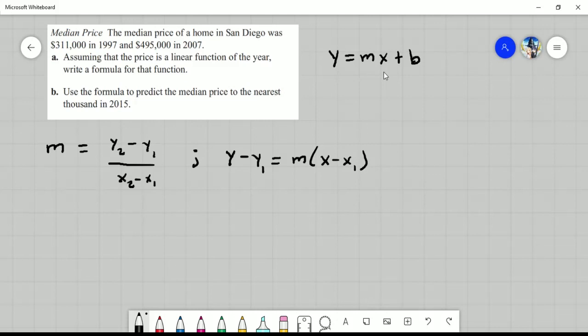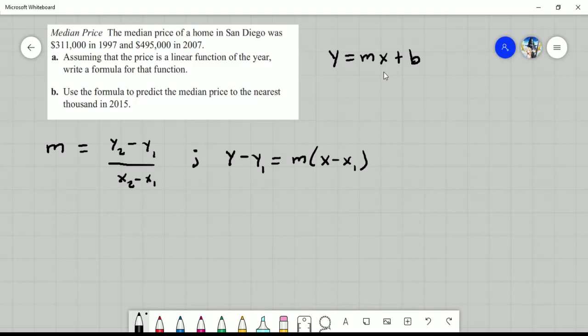Now, the reason why I'm saying the actual 2015 value and not however many years passed since 1997 to the year 2015 is because when you were using the formula to get your slope, we weren't using the number amount of years that passed between 1997 to 2007. We were using the actual years 1997 and 2007.